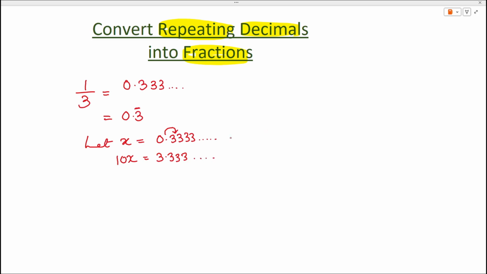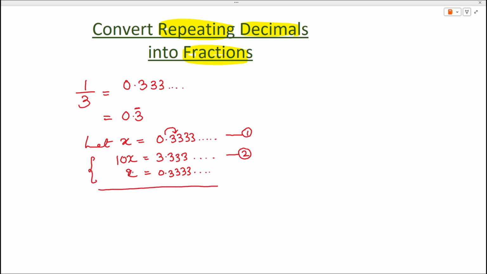Now we'll subtract equation number 1 from equation number 2. So let us write equation number 1 down here: x is equal to 0.3333. And now we subtract these two equations.